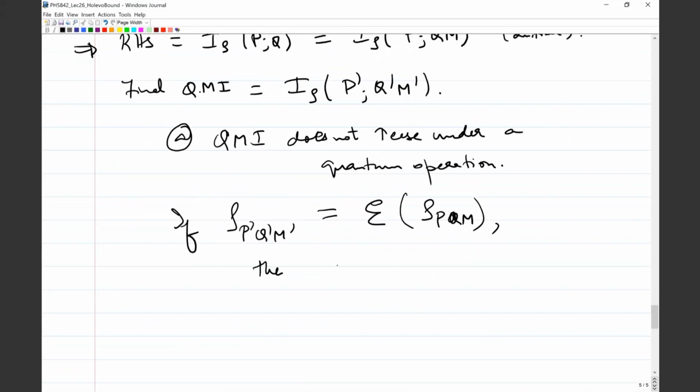this quantity, the quantum operation here is of a particular kind, right? It is identity as far as the P prime system is concerned, and there is a measurement transformation, which is what we modeled as this CPTP map E acting on Q prime and M prime, right?